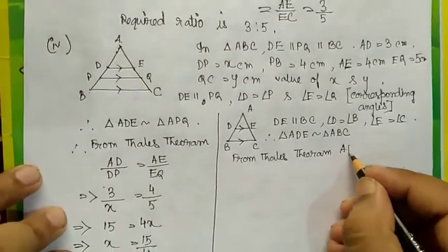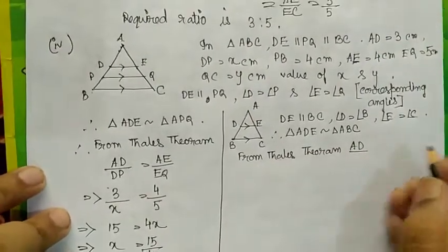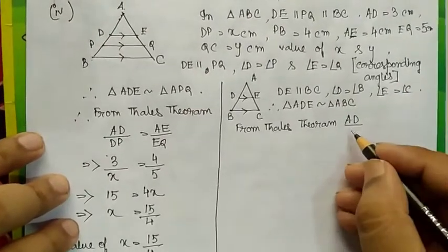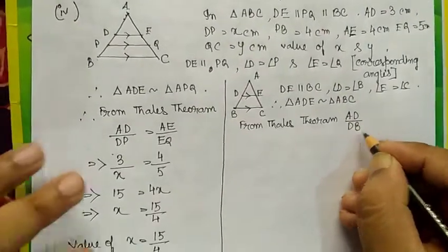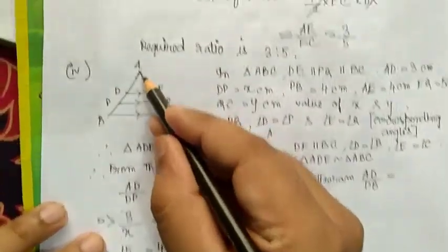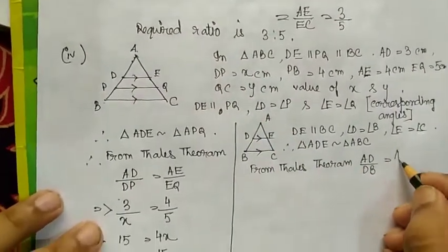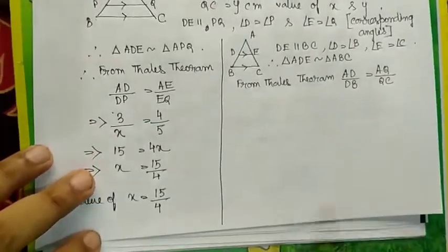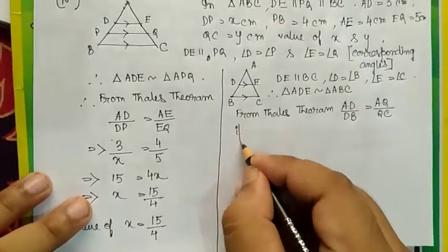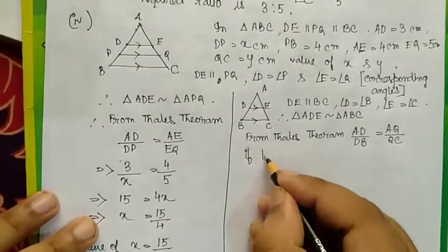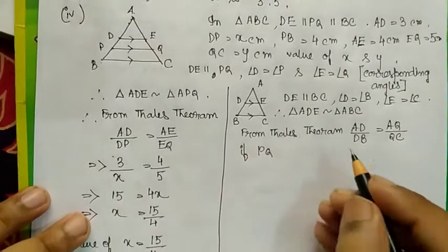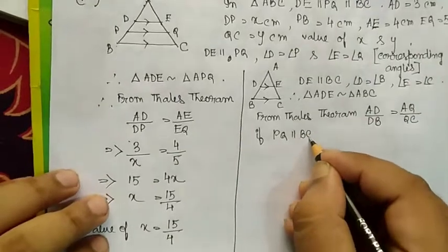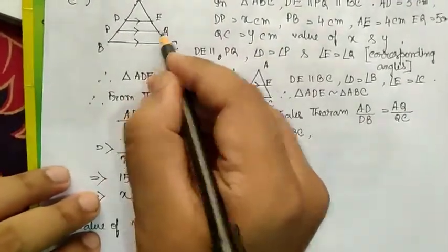we can say that AD by DB equal to AQ by QC. Same goes for PQ parallel to BC.